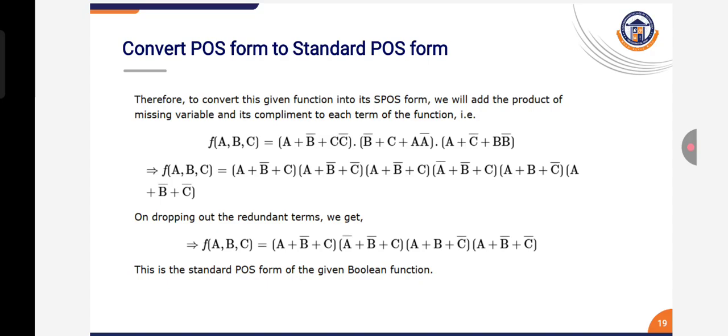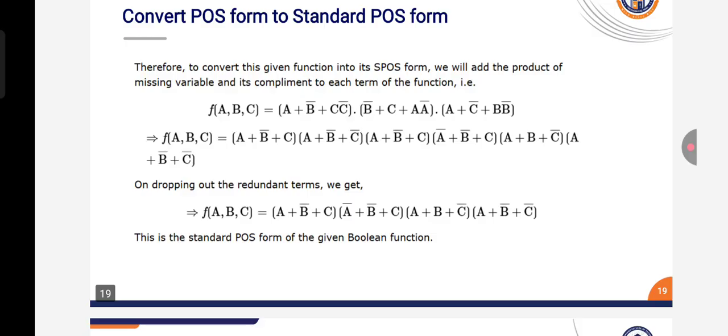Then to each sum term we add the product of the missing variable and its complement form. So f of a, b, c is equal to (a + b' + cc')(b' + c + aa')(a + c' + bb'). Using the distributive law, the first term is (a + b' + c)(a + b' + c'), and for the second sum term applying the distributive law, (a + b' + c)(a' + b' + c).